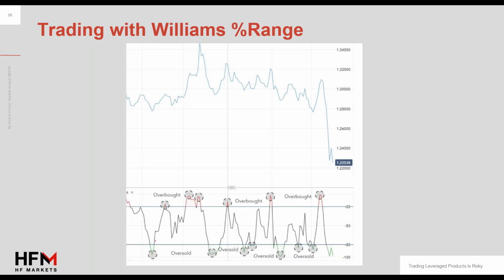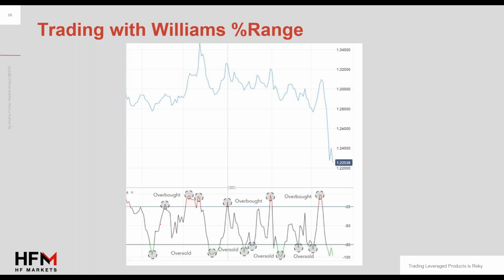If you took an entry on the crossing above minus 80, a move crossing above minus 20 is an indication that it has breached an overbought level. It's a sign that it might not move higher for longer, that it's running out of steam to the upside. So it would be an indication to exit your existing long position.